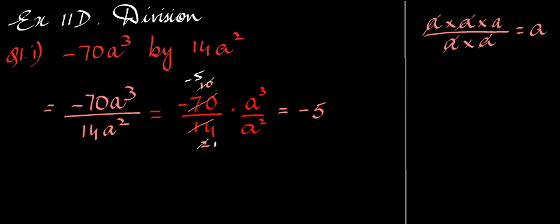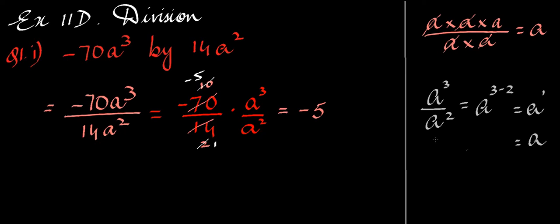So let's continue with another method, because I'm sure you all are in 8th grade now and you all have learned the laws of exponents, which say that if you have a common base with different powers and there is division, what happens is you say a raised to 3 minus 2. That is equal to a raised to 1, which can also be written as a.